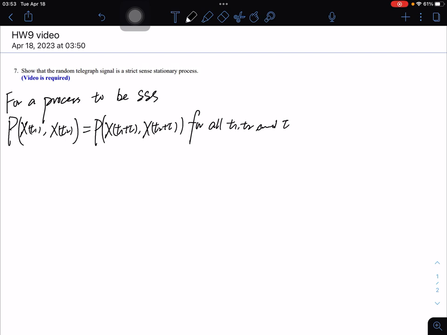Here P denotes the joint probability distribution and X(t) denotes the random variable associated with the process at time t.